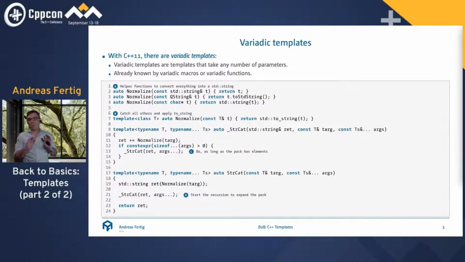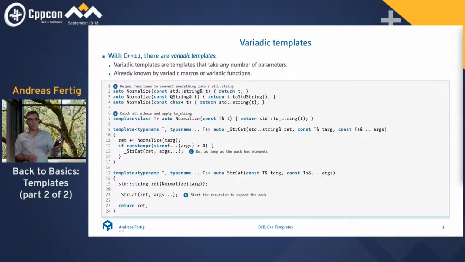They do way more and a much better job than this short snippet here, but this short snippet does the job. What I'm doing is strcat takes a const T& as its first argument, and after that, it's a variadic template, so it takes const Ts&... args. So it takes an arbitrary number of arguments.